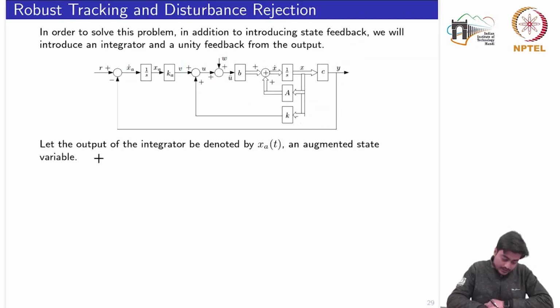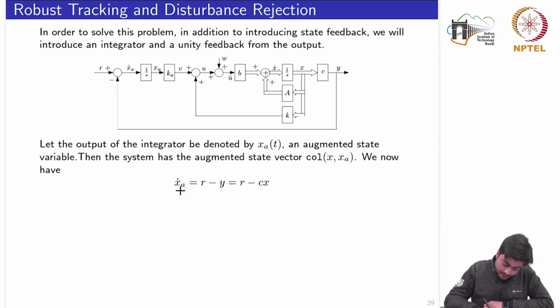Okay, so let the output of the integrator be denoted by xa, an augmented state variable. If we see from here, x dot a is given by the difference r minus y, and y is nothing but y equals cx.